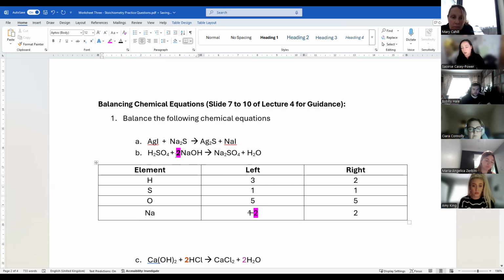By doing that, you see now that I have two oxygens here, plus four from my H2SO4. So now I don't have five anymore, I have six. Similarly for my hydrogen atoms, by putting the two there, I've essentially created two hydrogen atoms for my sodium hydroxide, plus two.